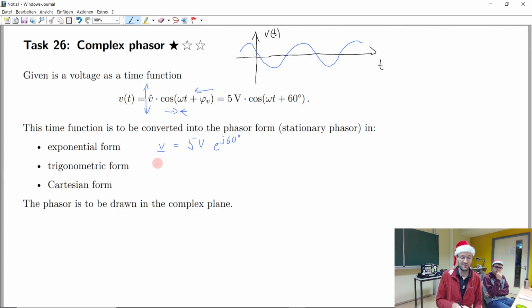So then there is some trigonometric form and there is some Cartesian form. So how does this trigonometric form look like? And how does the Cartesian form look like?